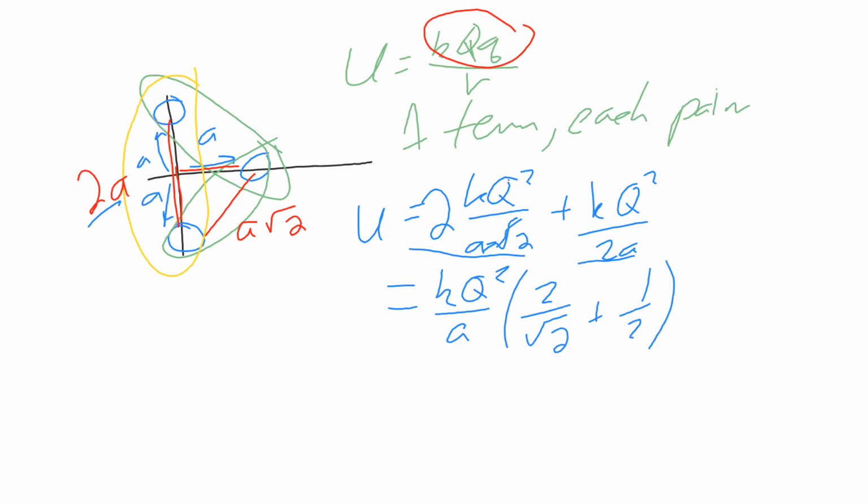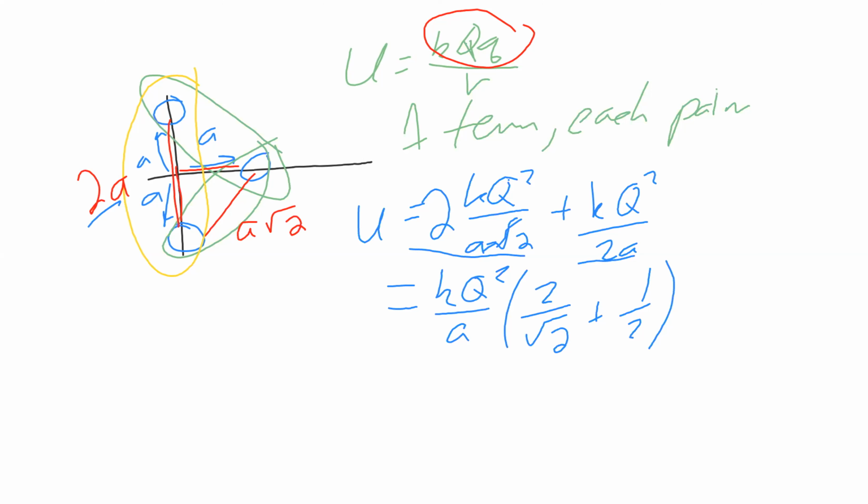All right. I'm still looking at the answer choices, and I'm still not quite there. So what would my next step be? Mathematically, I know I can rationalize my first term. 2 divided by square root of 2 is just square root of 2.